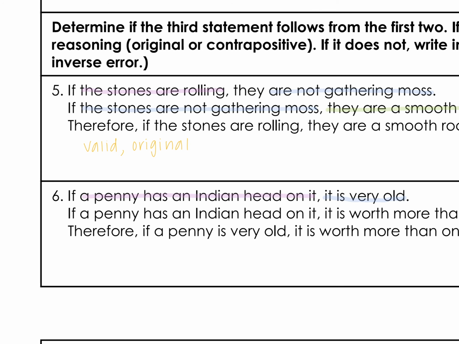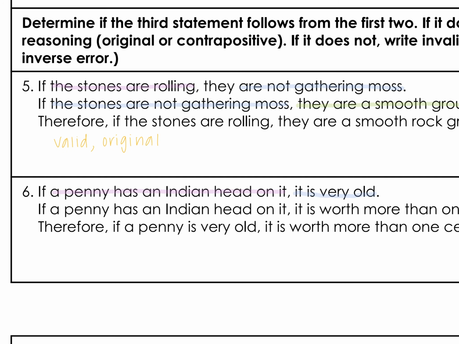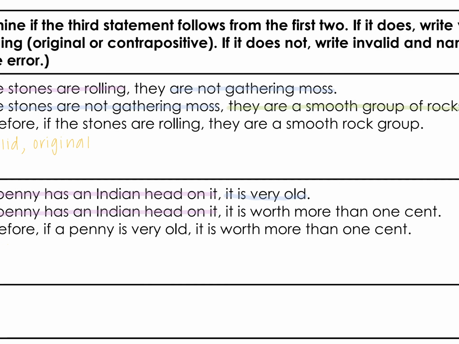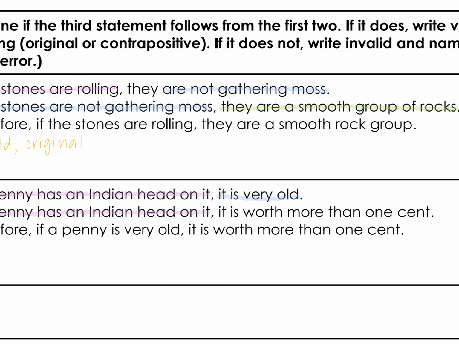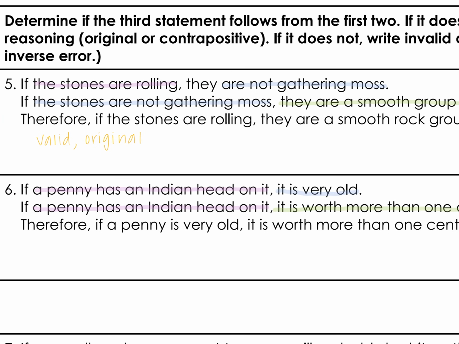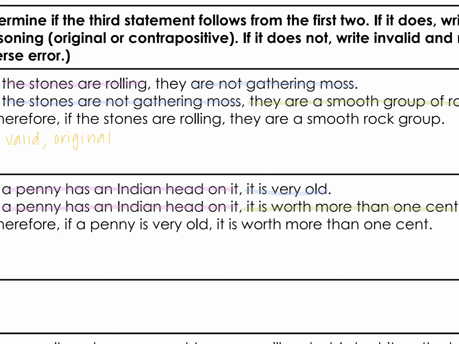And then in the second sentence, we have, if a penny has an Indian head on it, then it is worth more than 1 cent. Sorry, I zoomed in too far and couldn't read that. All right, so let's look at the conclusion. It says, therefore, if a penny is very old, it is worth more than 1 cent.